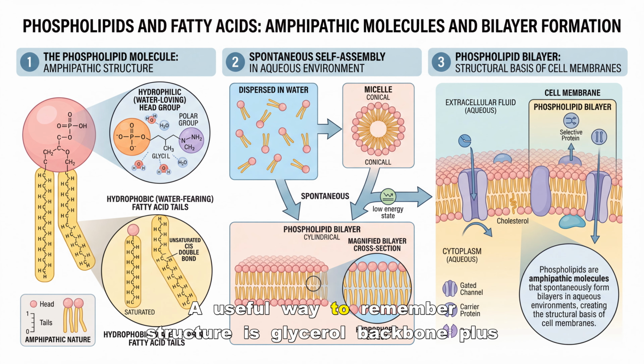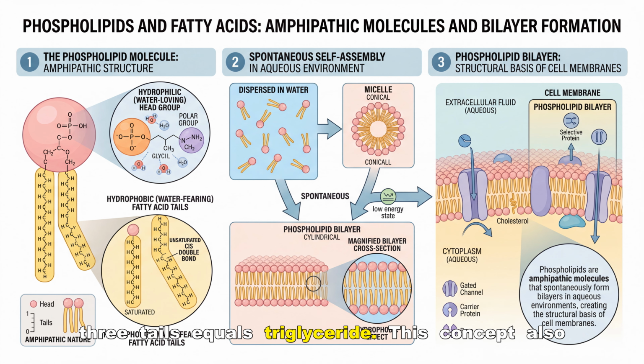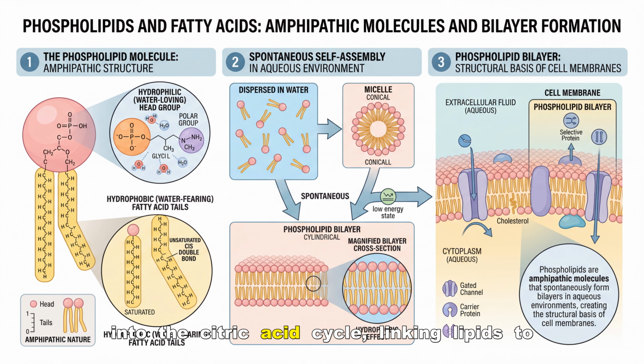A useful way to remember structure is glycerol backbone plus 3 tails equals triglyceride. This concept also ties into beta oxidation, where fatty acids are broken down into acetyl-CoA units for entry into the citric acid cycle, linking lipids to overall cellular respiration and energy metabolism.